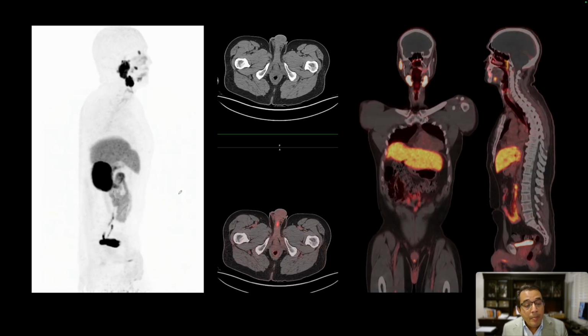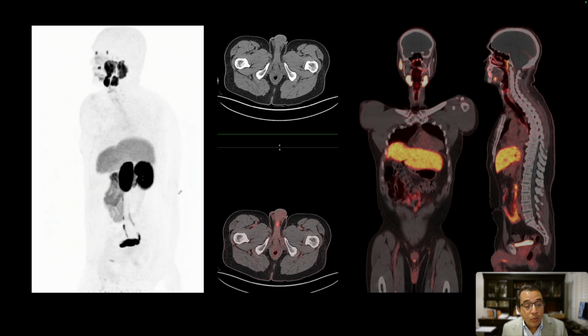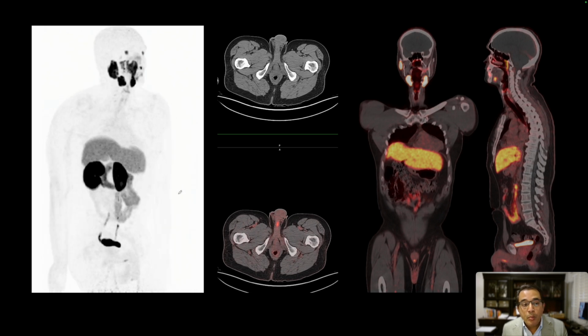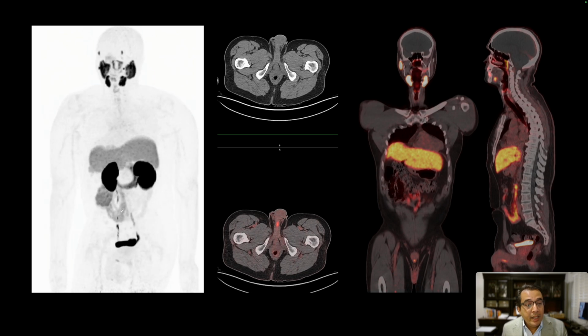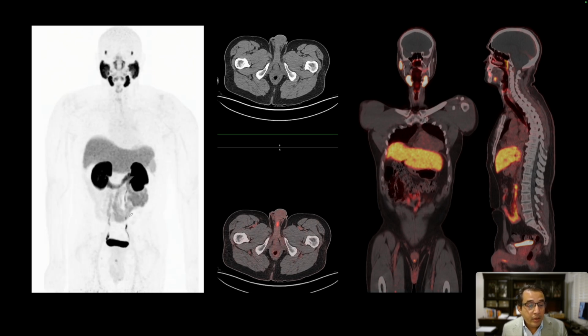So this patient presented for restaging of prostate cancer, and we performed a PSMA PET CT. On the rotating image, we don't see any local recurrence or metastatic disease. We see this focus of faint uptake in the penile urethra. It corresponds to this focus on the fused PET CT image. And look at the coronal image.